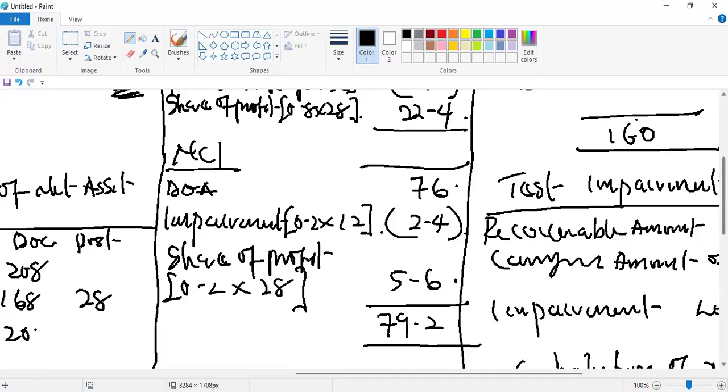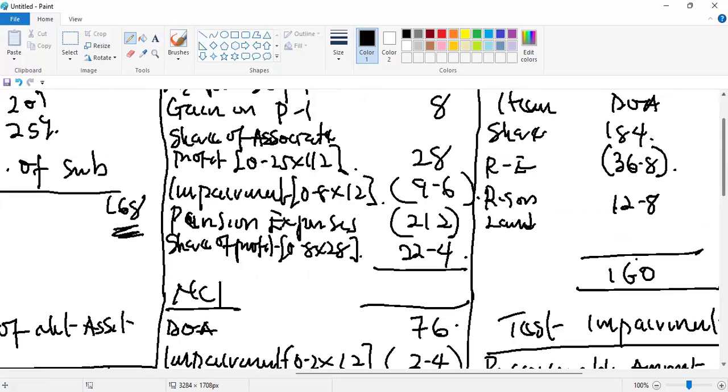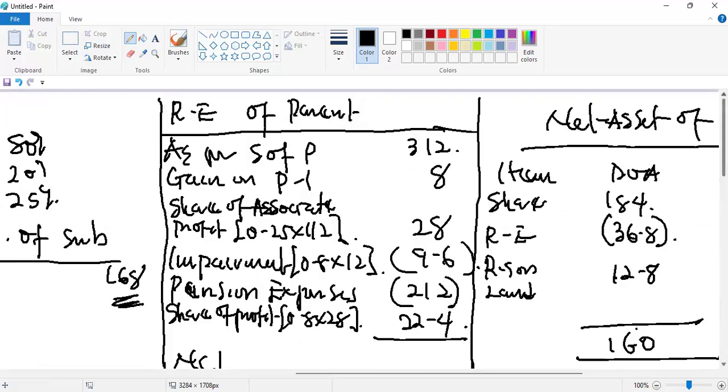Then for the retained earnings of the parent, we have 312 plus 8 plus 28 minus 9.6 minus 212 plus 22.4, giving me 148.8.